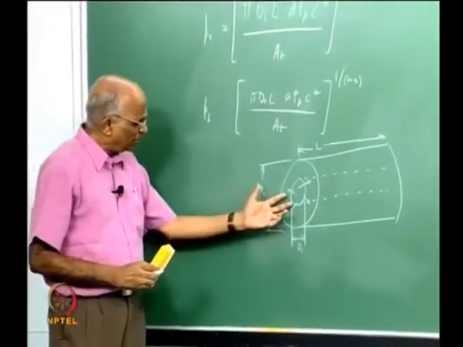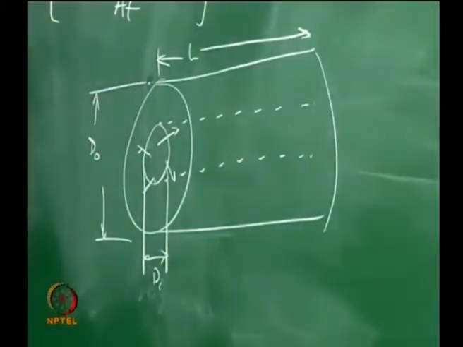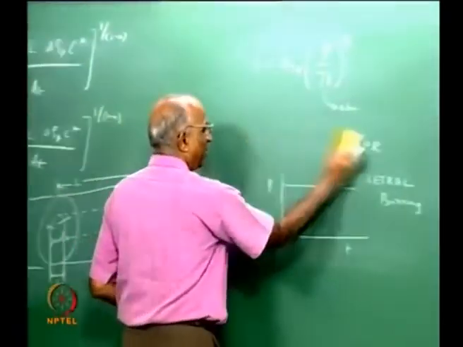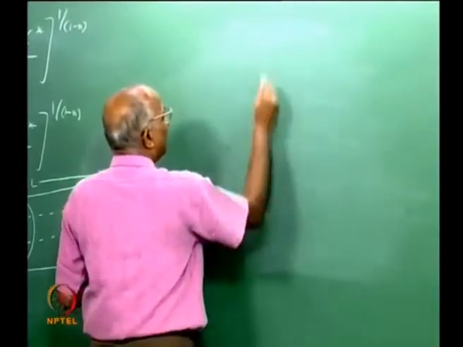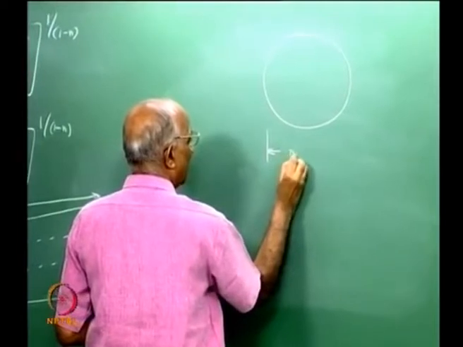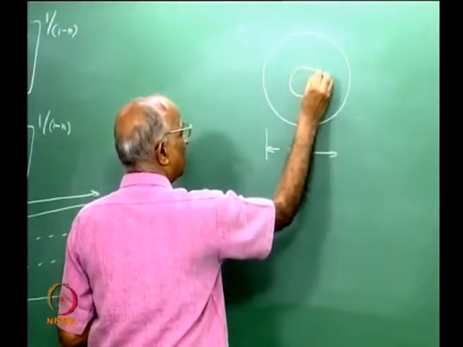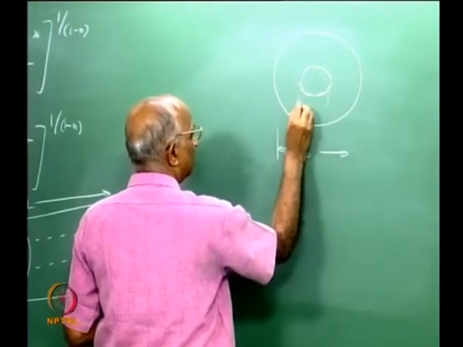The question is, can I predict how the pressure will change with time, and how do I do it? Well, it is a simple problem. Let us say I have the outer diameter here, do. Here this is the initial diameter which we get started with, di.